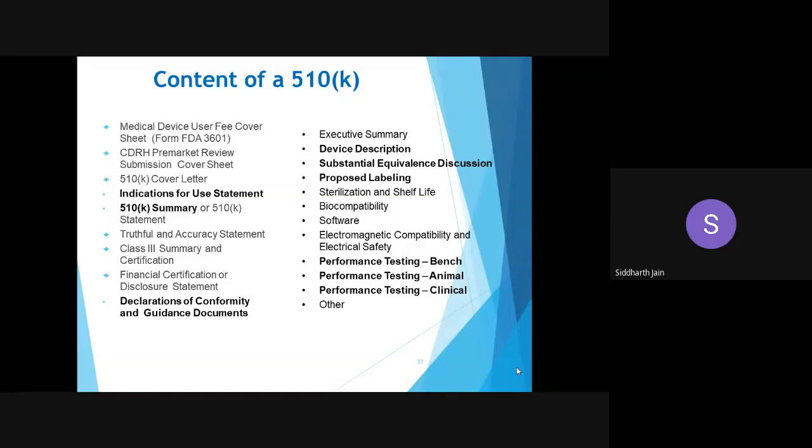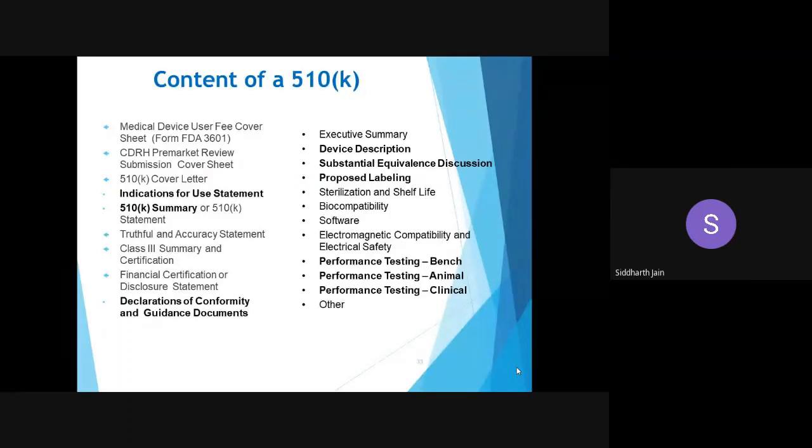That's why a truthful and accuracy statement is signed by the medical device manufacturers who would like to go for the 510K. If they find at any point of time that you have forged any of your documents or that it is not truthful, then they can cancel your 510K application. And in many cases you are not allowed to go for a 510K application again.